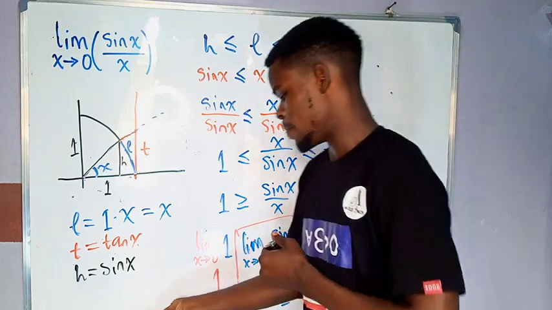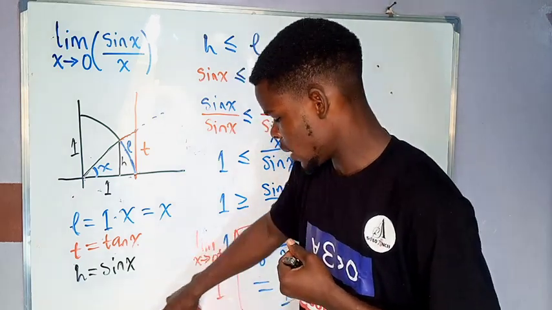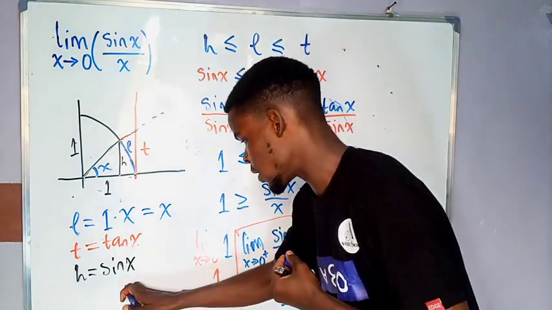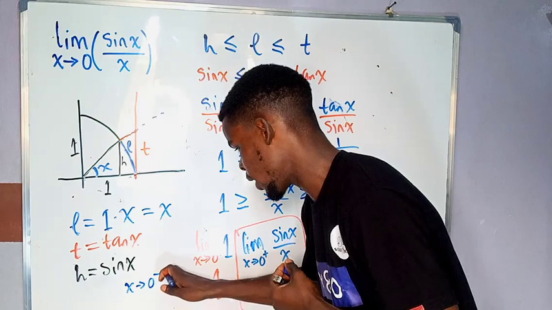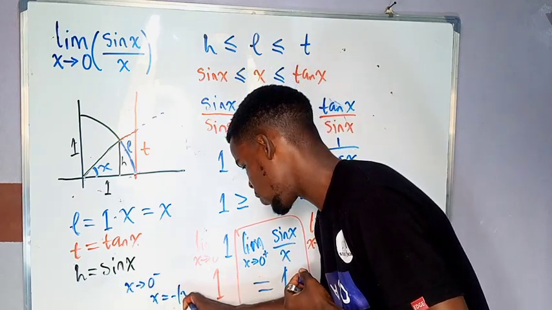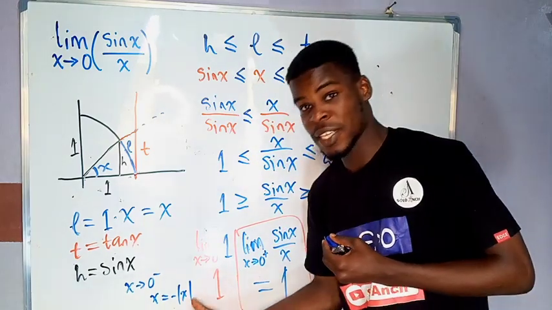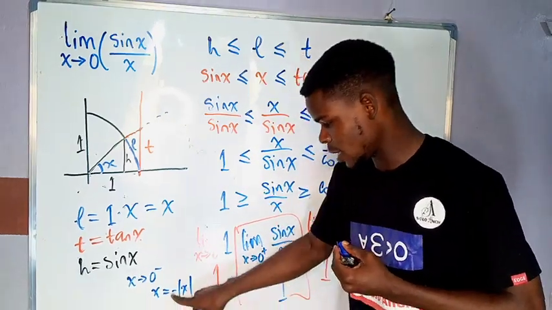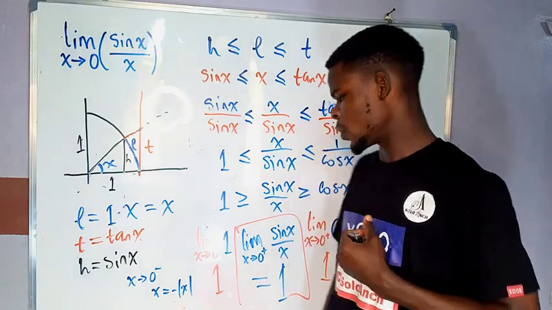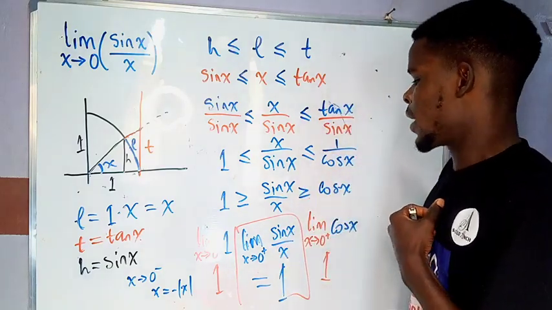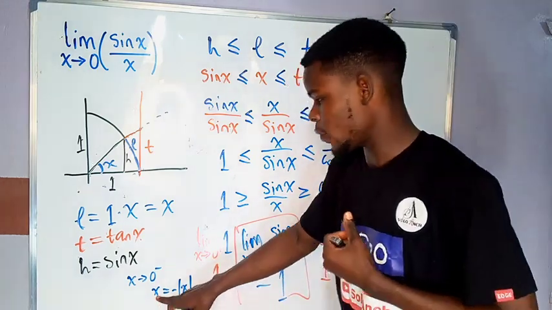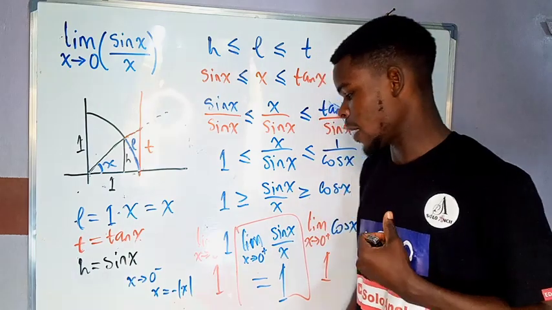Notice that, let me just bring in an absolute value. If x is negative, that is to say, as x approaches 0 from the left, notice that x can be written as the negative of the absolute value of x. The absolute value of x is positive, then the negative will make it negative. So I can easily replace x itself as we approach 0 from the left with the negative absolute value of x.